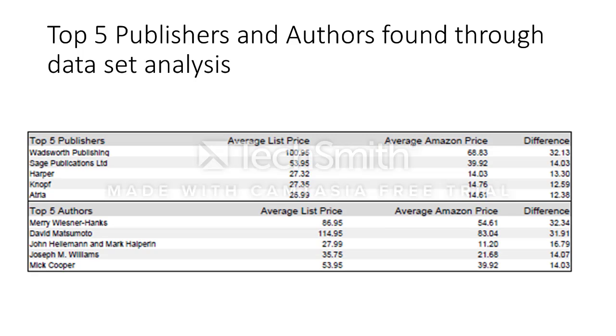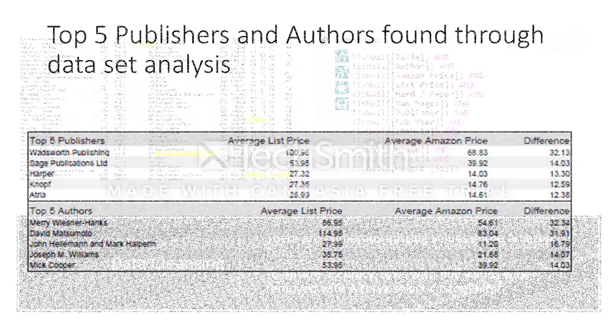The top 5 publishers are Wadsworth Publishing, Sage Publications, Harper, Knopf, and Atria, while the top authors are Mary Wisner Hanks, David Matsumoto, John Hellman, Mark Halperin, Joseph Williams, and Mick Cooper. When looking at the price difference for the top publishers and authors, we see that the price tends to be higher for the average listing than the average Amazon price.